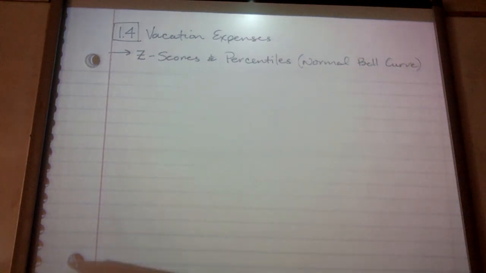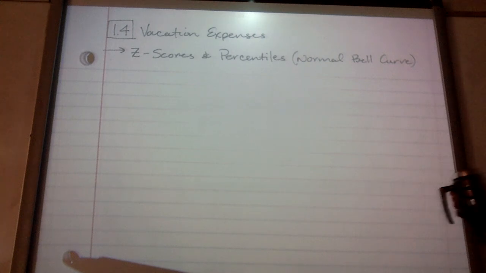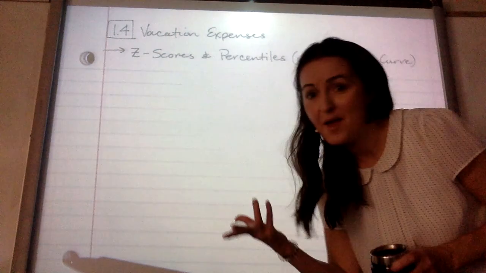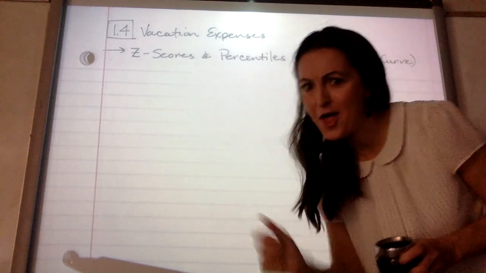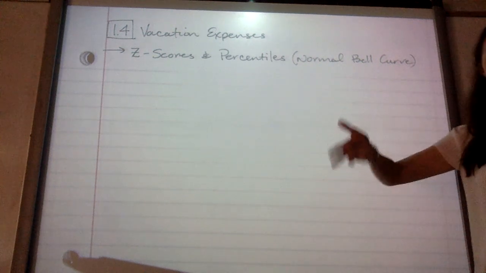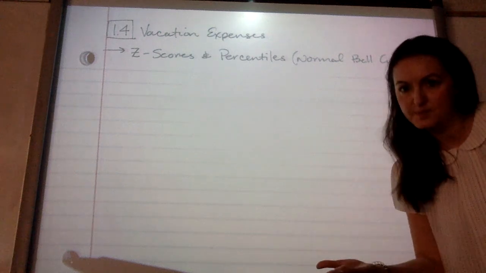Now, when we compare data, raw data isn't very helpful, like 5'6", 5'7", or vacation expenses, 100, 120. What makes data more comparable is if we convert things into percents. So z-scores and percentiles convert raw data, just the numbers they were given, into percentiles.